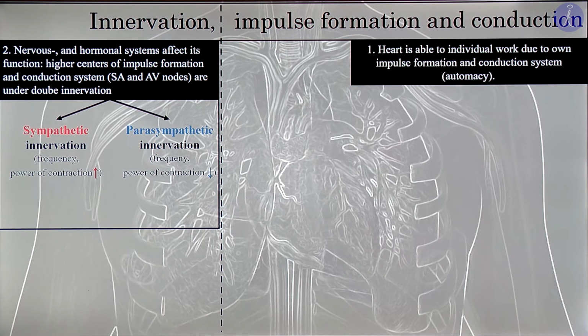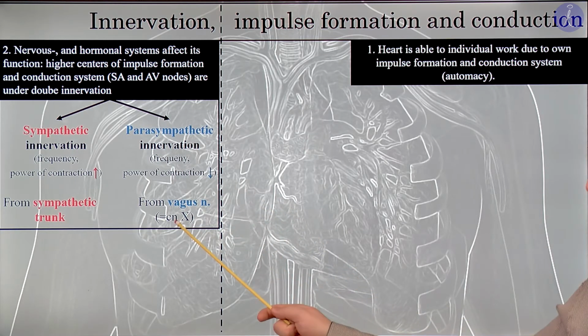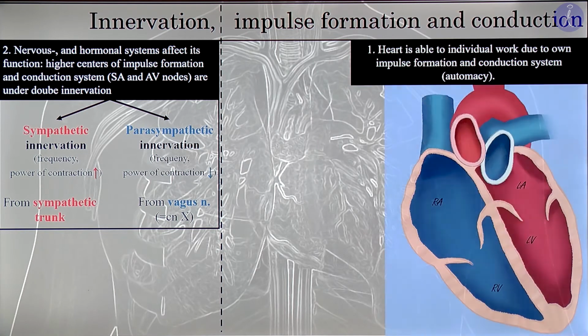In case of the parasympathetic impulse, the frequency and the power of the contraction decrease. The sympathetic innervation comes from the sympathetic trunk, while the parasympathetic innervation comes from the vagus nerve, which is the cranial nerve number 10. CN means cranial nerve.